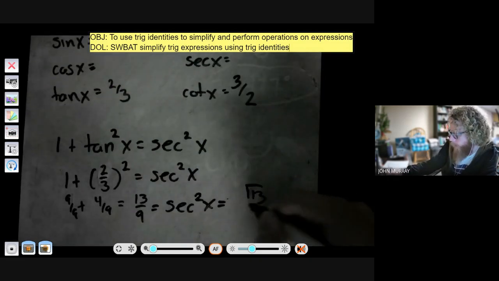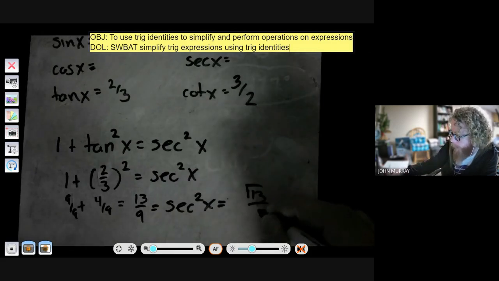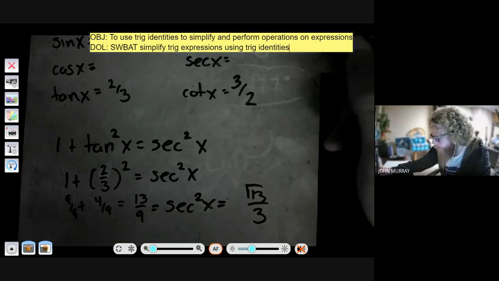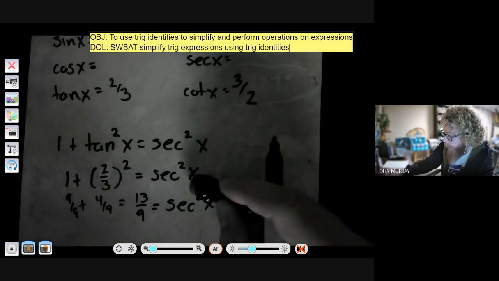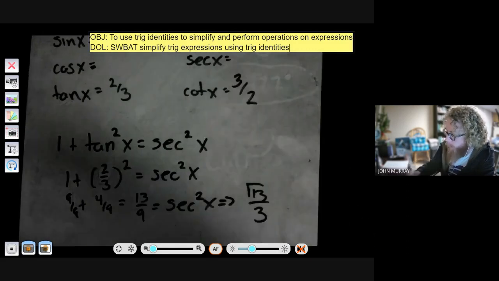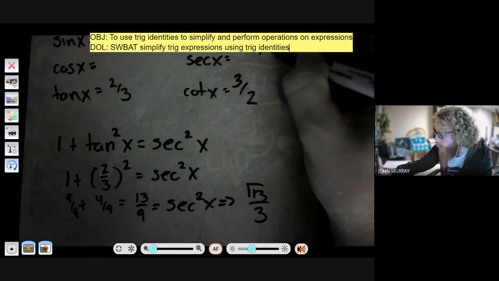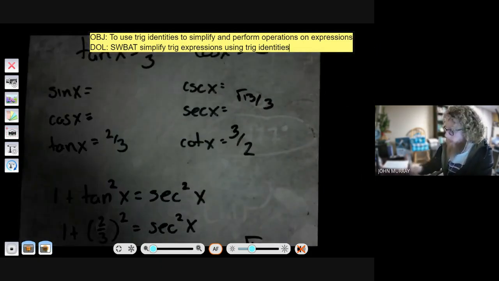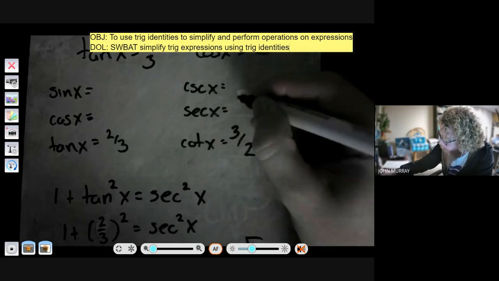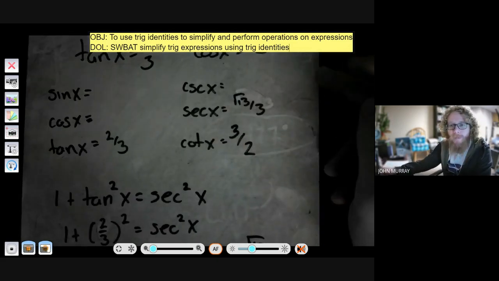I can't do the square root of 13, so that's going to stay square root of 13, but the square root of 9 is 3. So I have secant, right? I took the square root, so the secant is root 13 over 3. Let me make that look a little neater. Root 13 over 3.